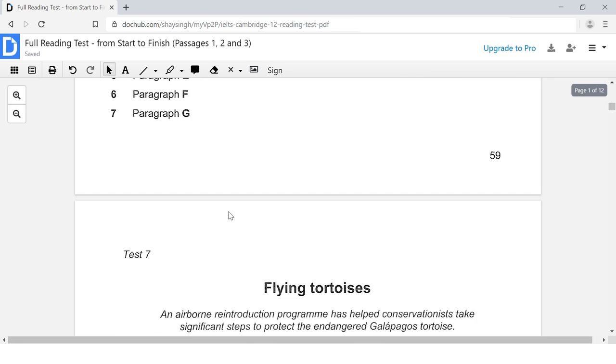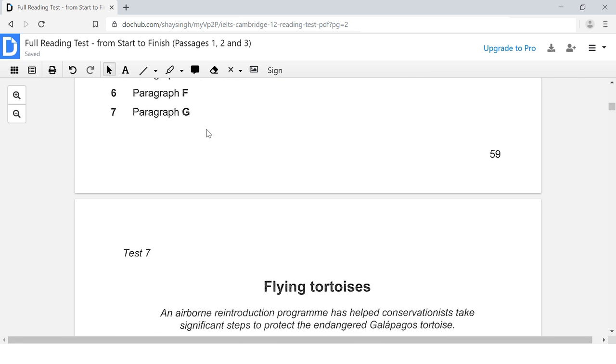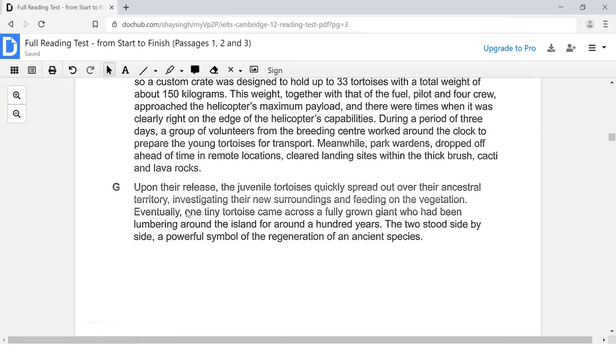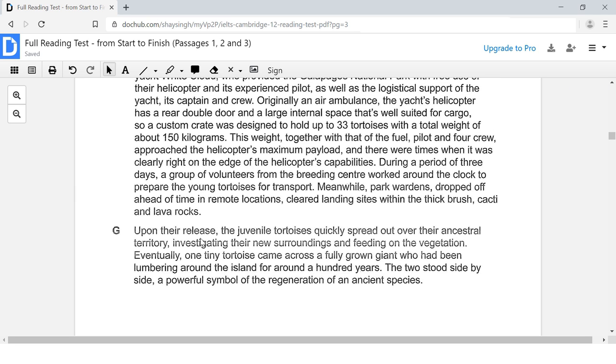Okay, let us move on to our next shortest paragraph, which I believe was paragraph G. Yep, so we're going to start with that one next. Now here the first sentence reads, "Upon their release, the juvenile tortoises quickly spread out over their ancestral territory, investigating their new surroundings and feeding on the vegetation."